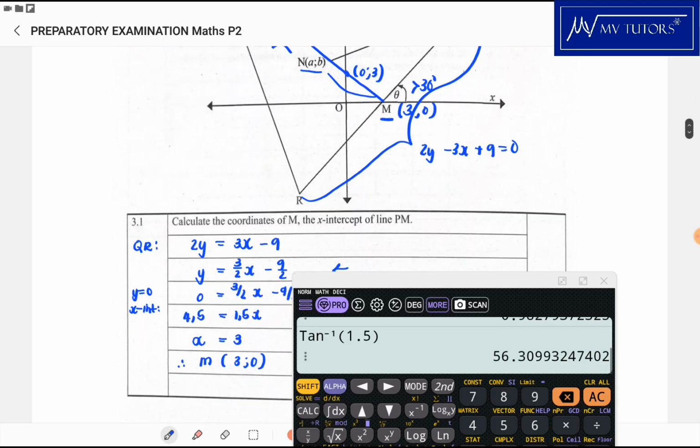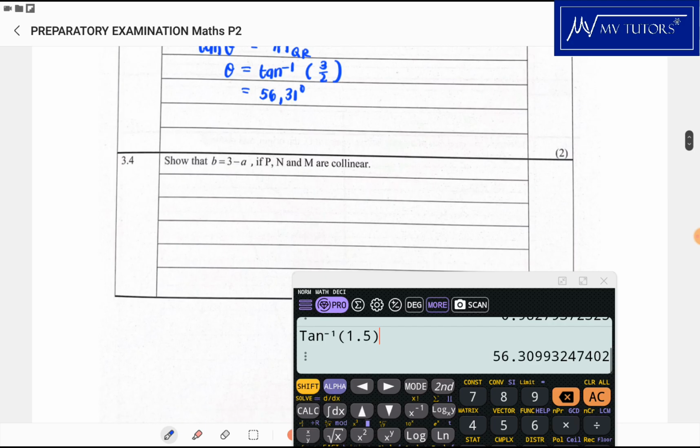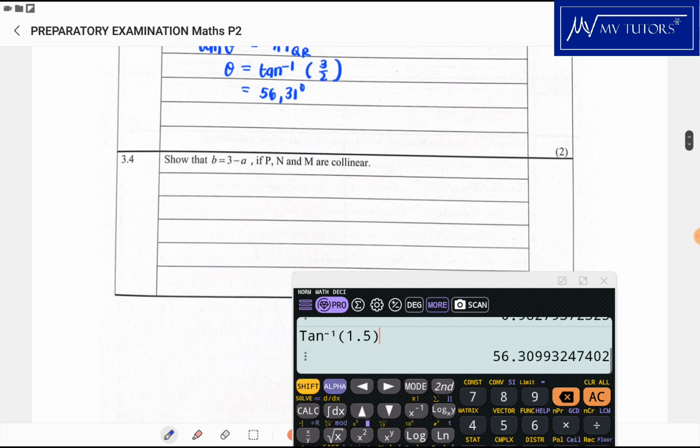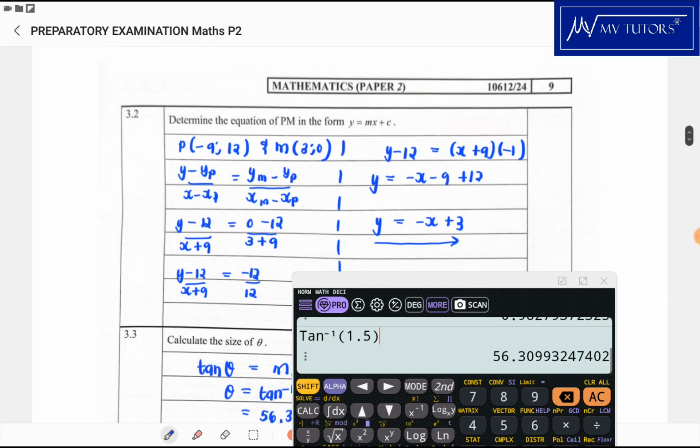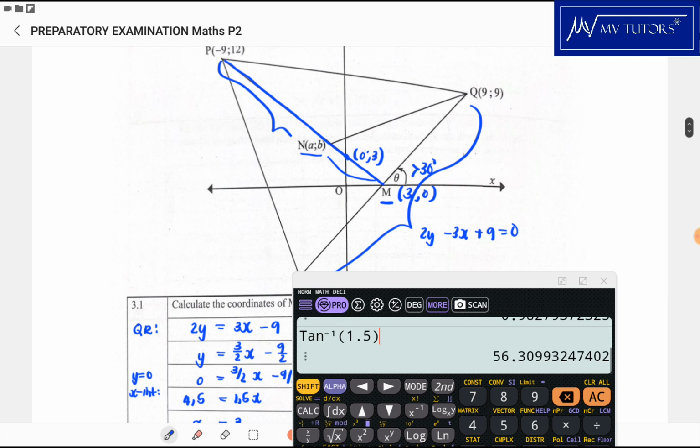Now, what are they saying? We need to show that B is 3 minus A. Okay, so how are we going to do this?